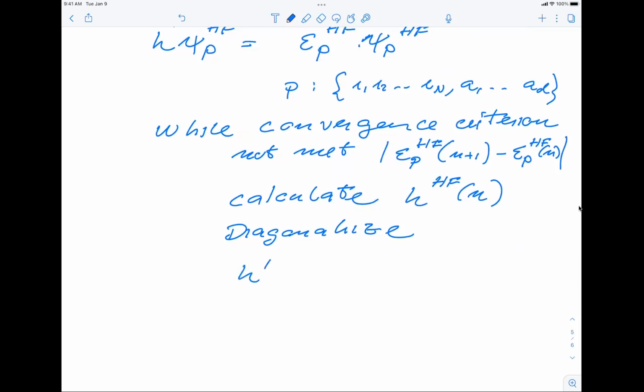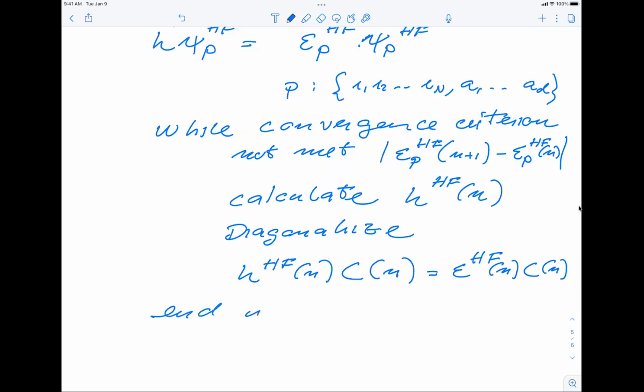So you have an HF of iteration N. You get the new coefficients for this specific iteration now, because this Hartree-Fock Hamiltonian is calculated with the previous values you had. And this is equal to the epsilon Hartree-Fock for that specific iteration multiplied with C of N. And then you would continue this till your convergence criterion is met.